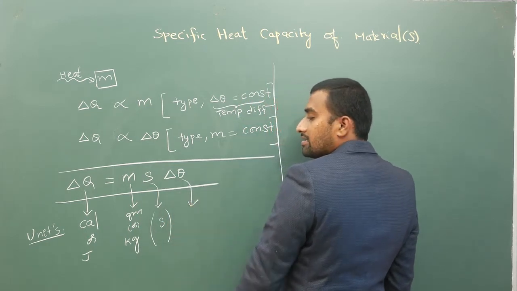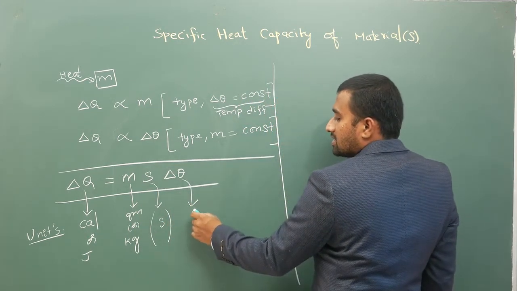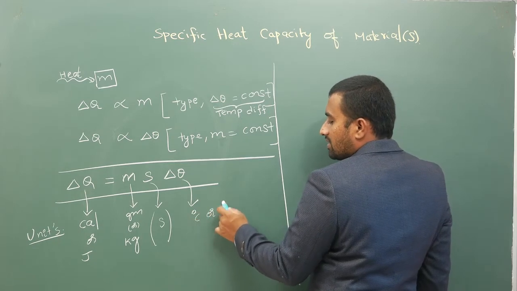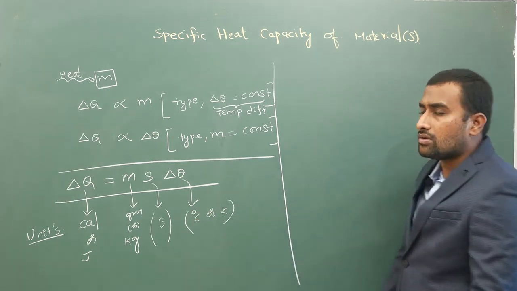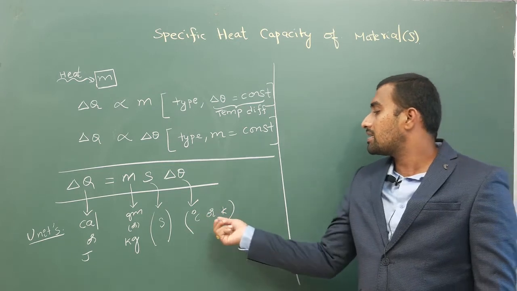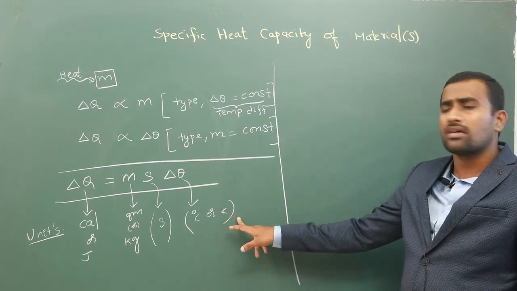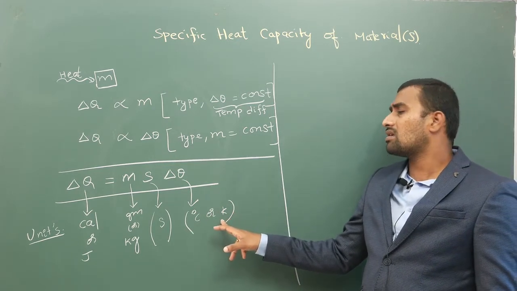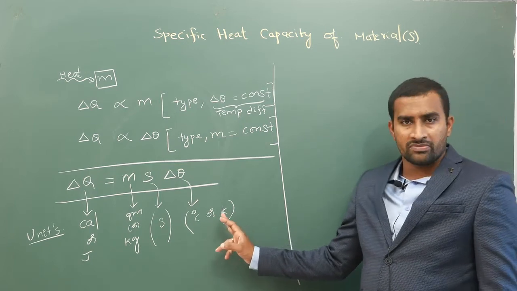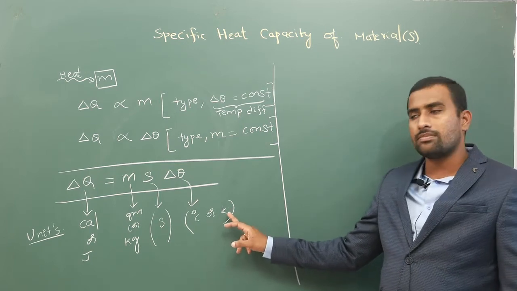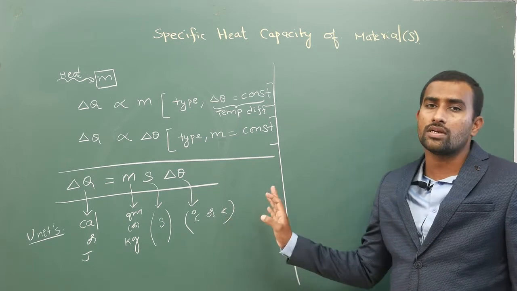Delta theta is degree centigrade or Kelvin, whether it is CGS or SI. But in entire thermodynamics, unless otherwise mentioned, except in this chapter, it is good practice to go for Kelvin always.